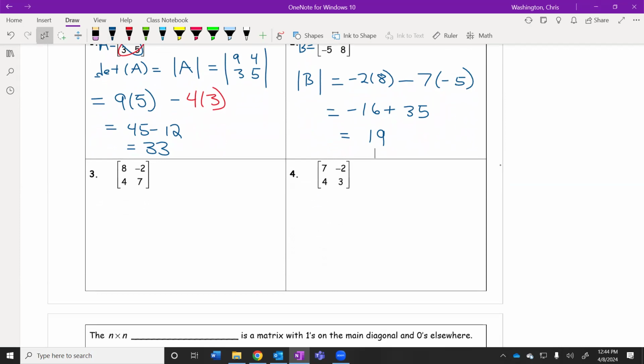If we can't find the determinant, we're not going to be able to find the inverse today either. And the method we're doing only works for 2 by 2 matrices. The only thing we need to be able to do without matrix technology.